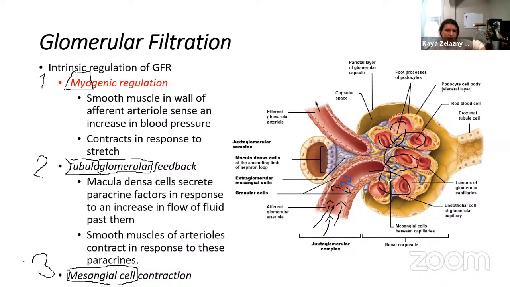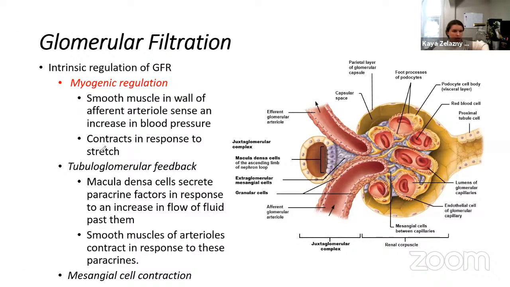We don't have as many forces for filtration anymore, which means we're going to have less of our plasma getting filtered into the Bowman's capsule. So that was big and long, and like I said, we'll have a flow chart. But that's why this regulates our GFR, right? It's kind of a long series of steps to understand how this process works.